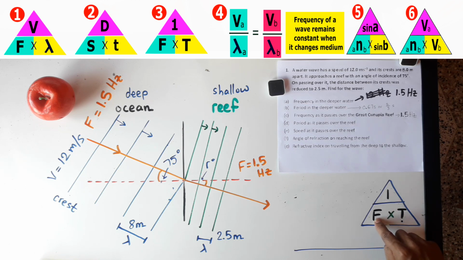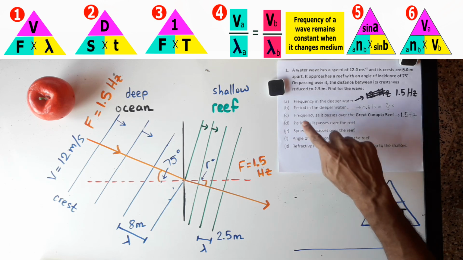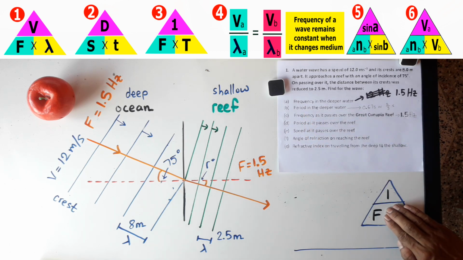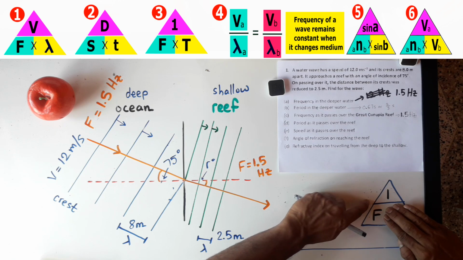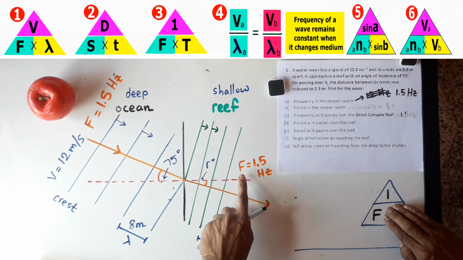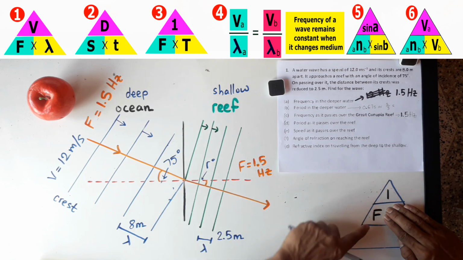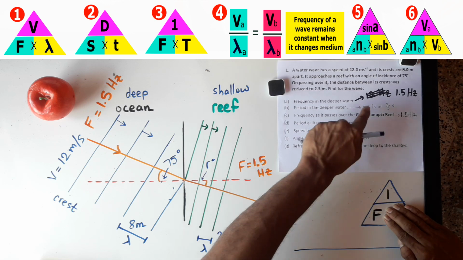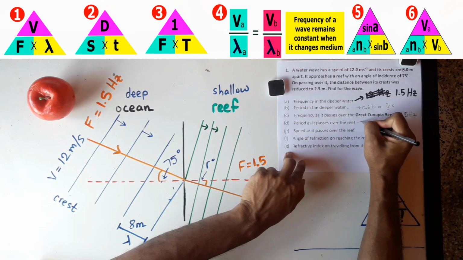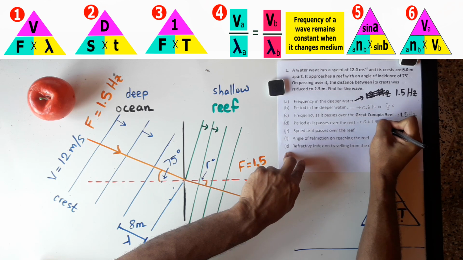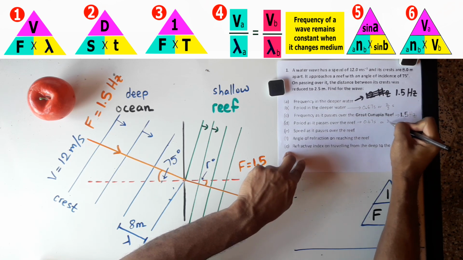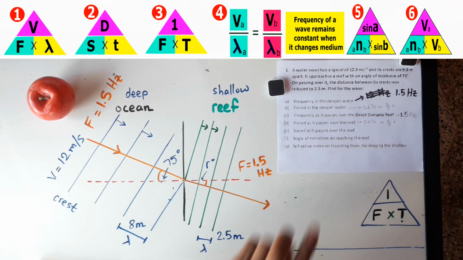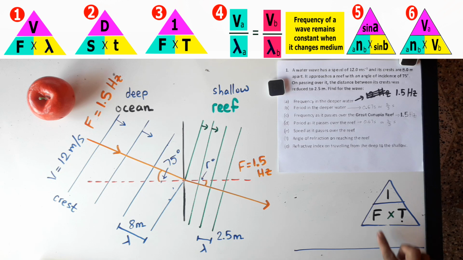So we're going to get the same answer as part B. So to calculate the periodic time, we take 1 and divide it by the frequency in the shallow region. 1 divided by 1.5 will give us the same answer here, which is 0.67 seconds, or 2/3 of a second.